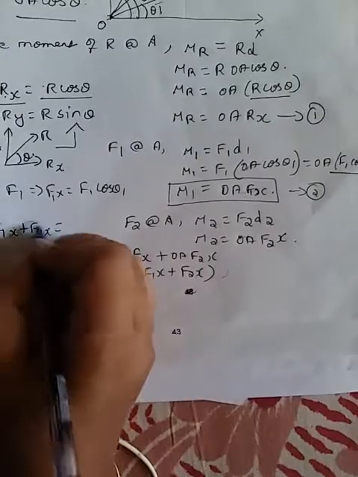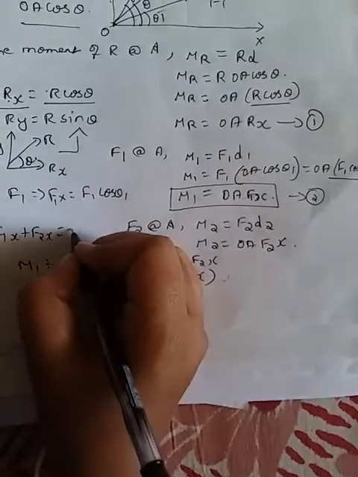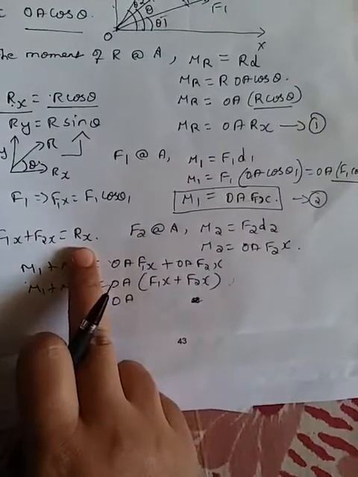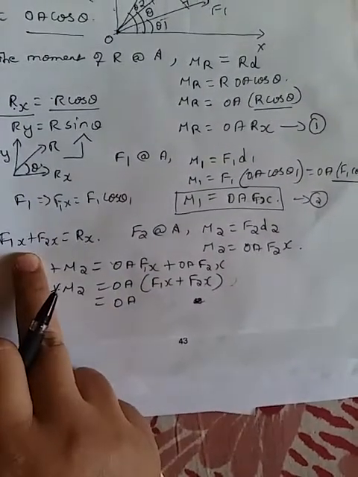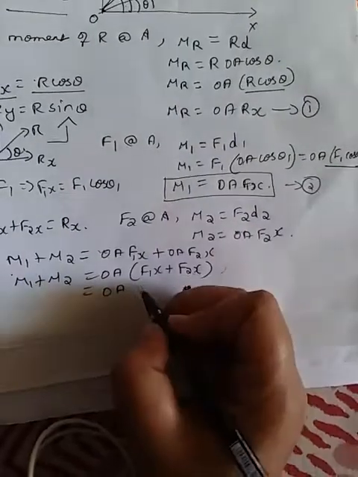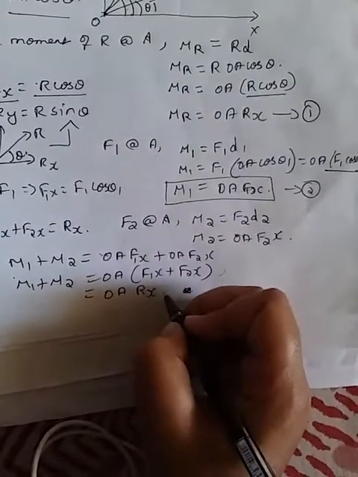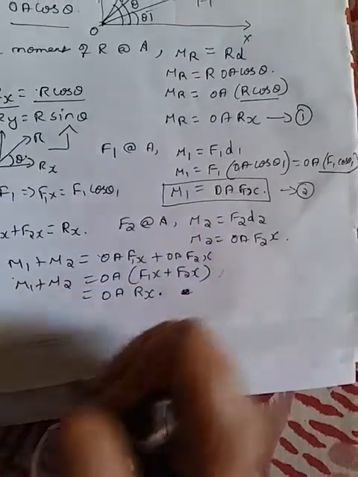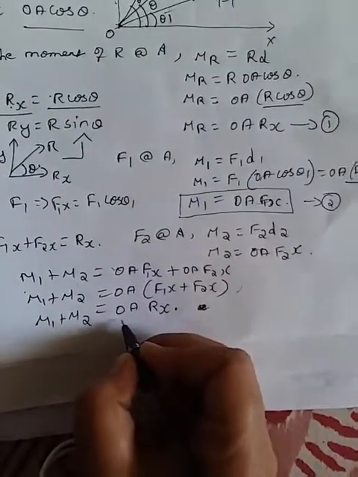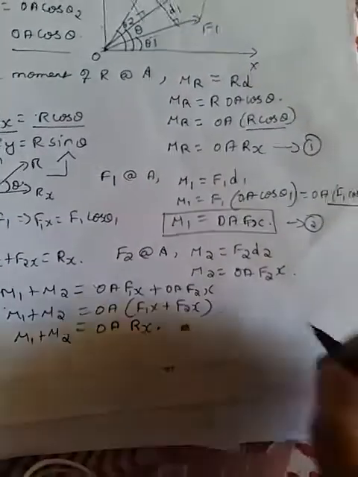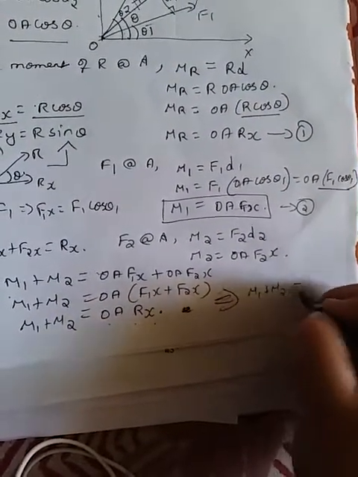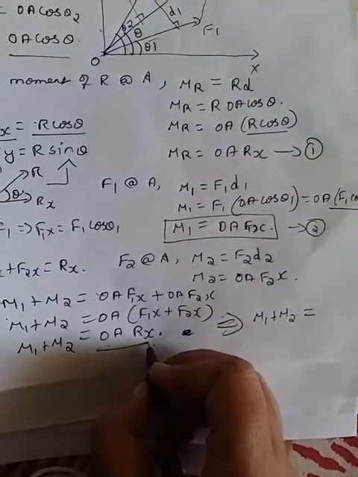The sum of these forces must be equal to the resultant in the x direction. So the forces are in the x direction, so it is the resultant value in the x direction, Rx. Now M1 plus M2 equals OA into Rx.